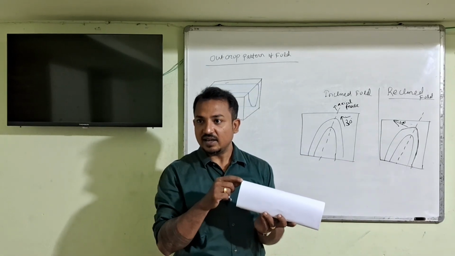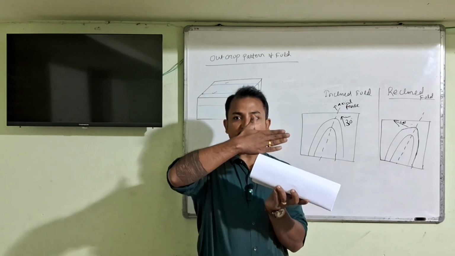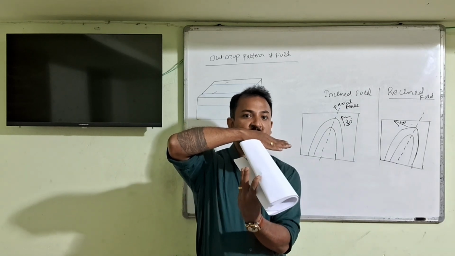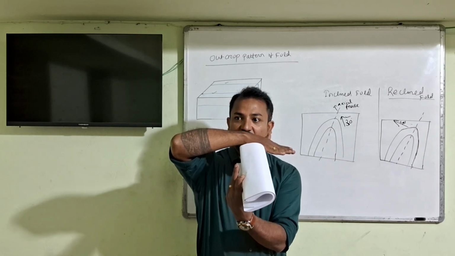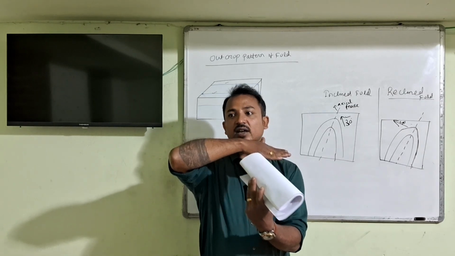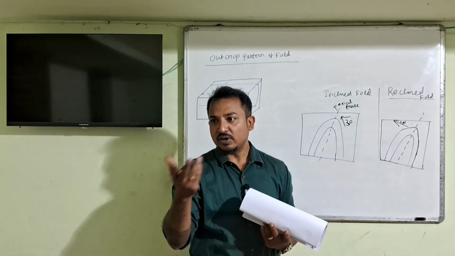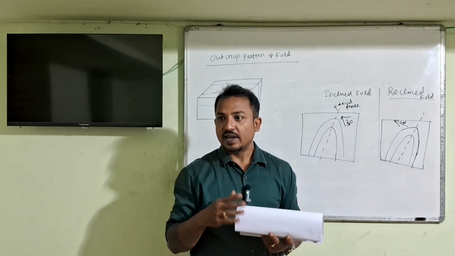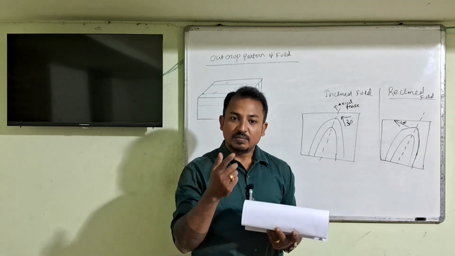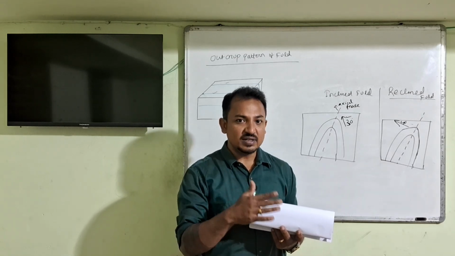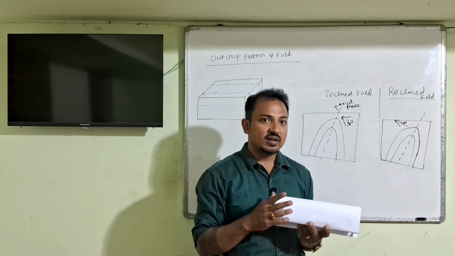If the pitch is 90 degrees, that means this is an axial plane. Anything that pitches perpendicular to this plane will have a plunge equal to the dip of the plane. Any line pitching perpendicular to the strike line, that means any line pitching at 90 degrees is perpendicular to the strike.